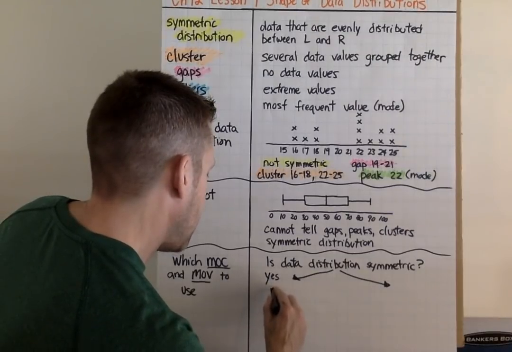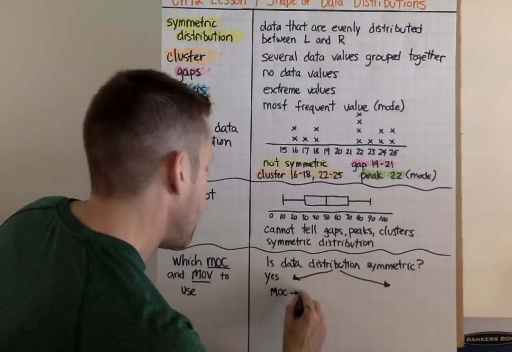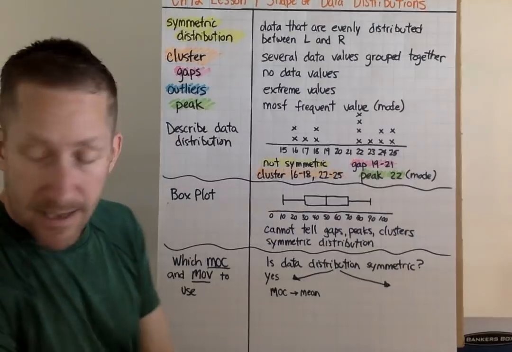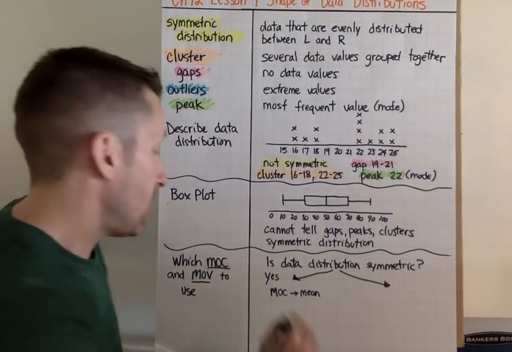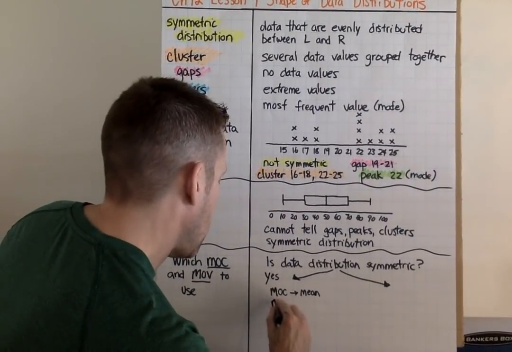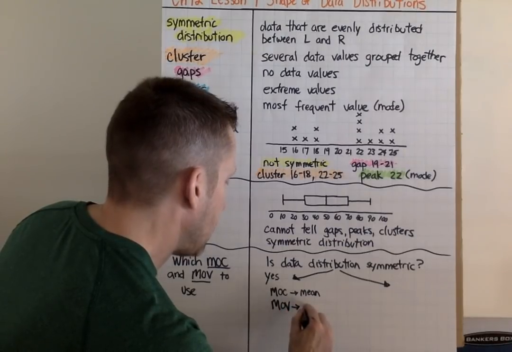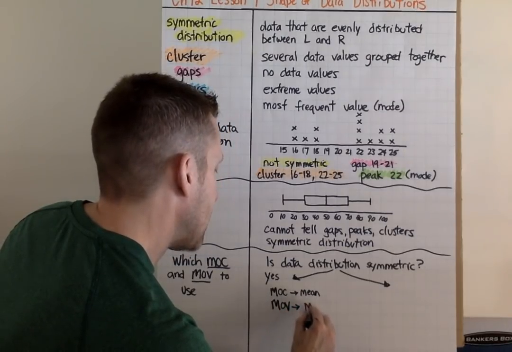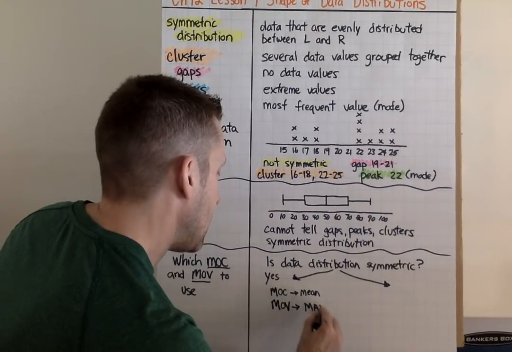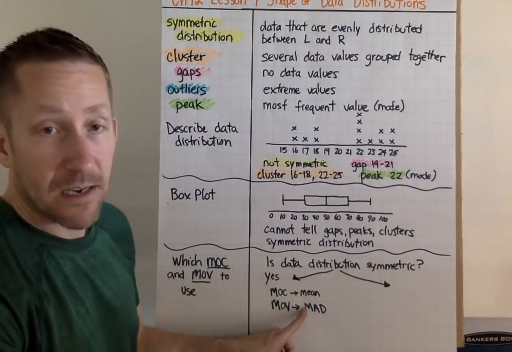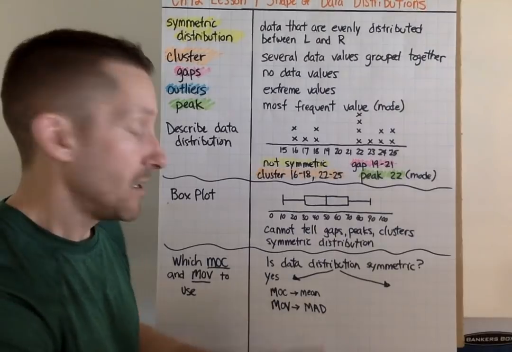So the measure of center that you would want to use would be the mean, and the measure of variability that you would want to use would be the mean absolute deviation, and I'm going to abbreviate that MAD, mean absolute deviation.